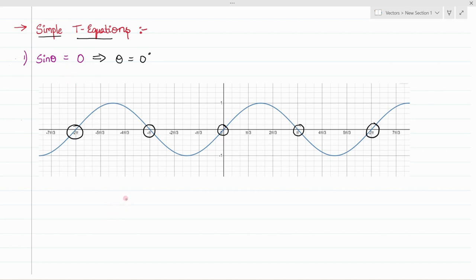But we generally know that it's only 0 degrees. But there are n number of solutions, that is n pi, where n is any integer. See, pi is a solution.